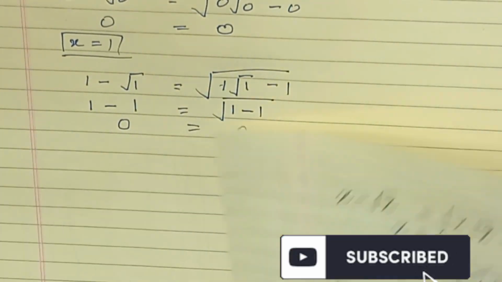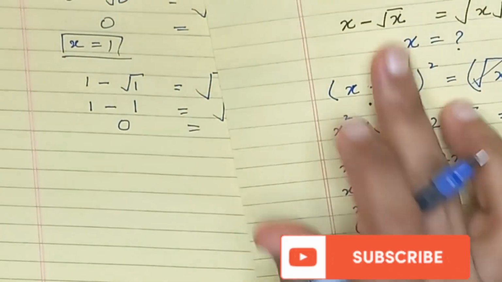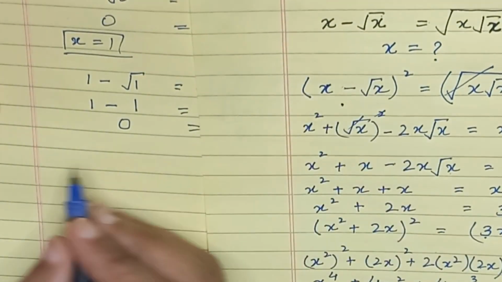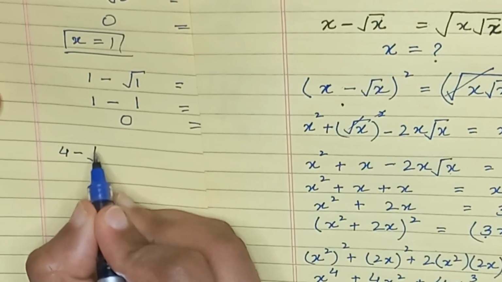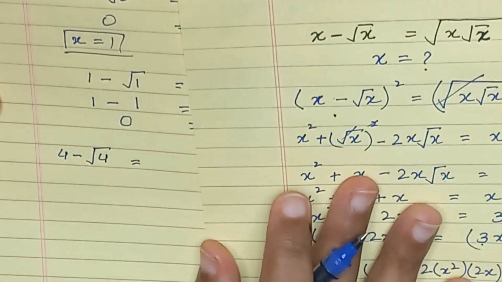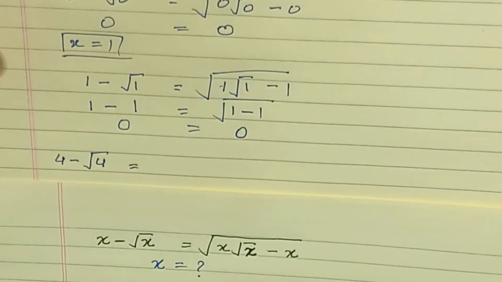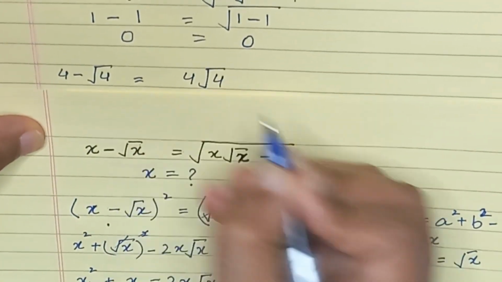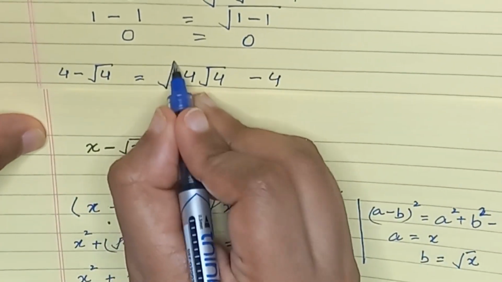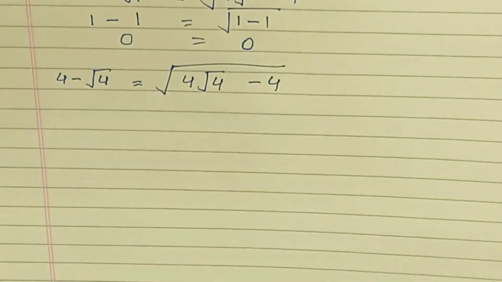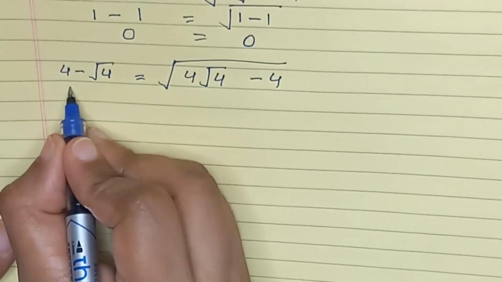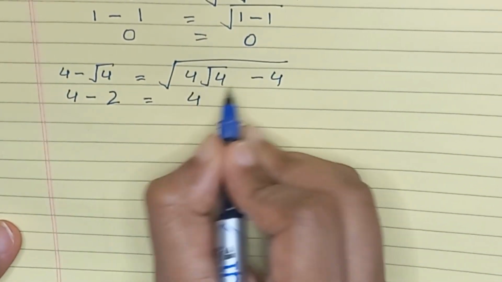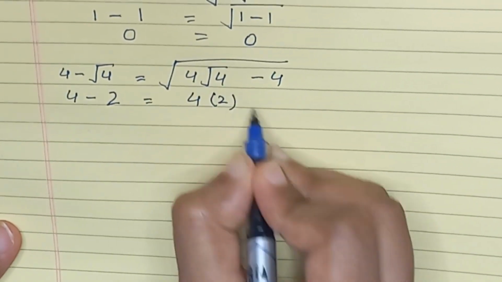Now we will check it for x is equal to 4. So it will become 4 minus square root of 4, which is equal to the square root of 4 into square root of 4 minus 4. So it will become 4 minus square root of 4, which is 2, equal to the square root of (4 into 2 minus 4).